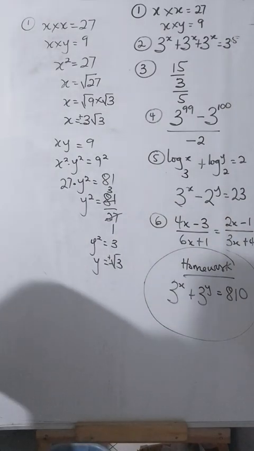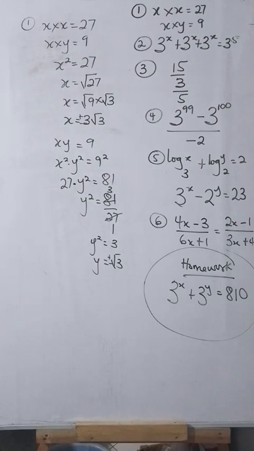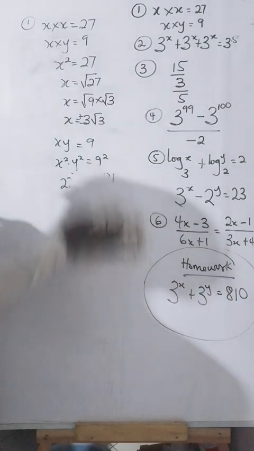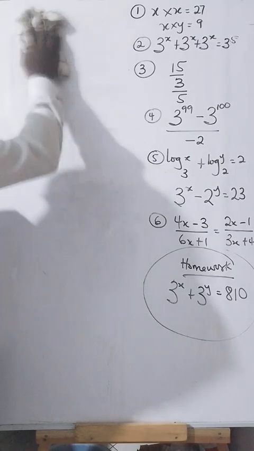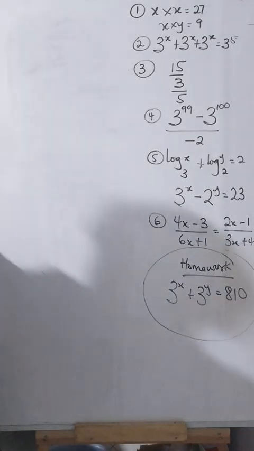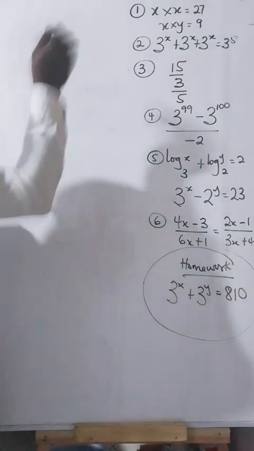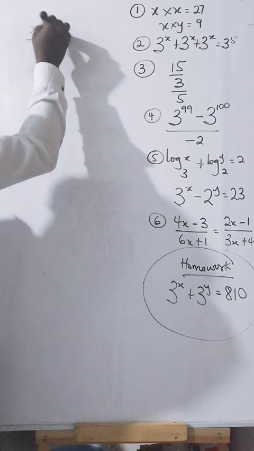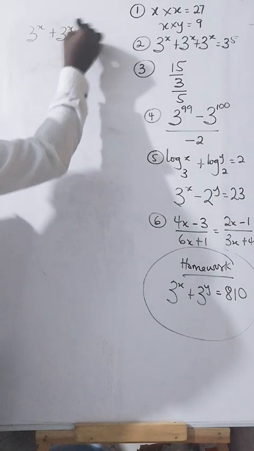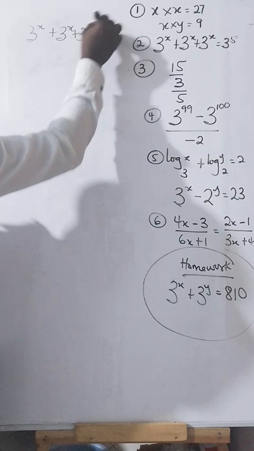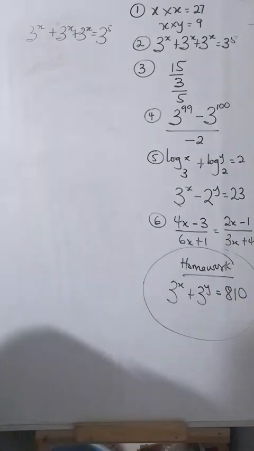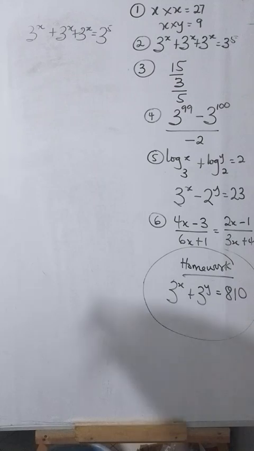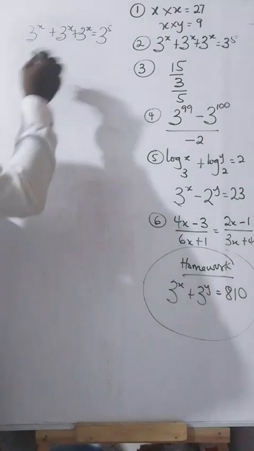Right. Now we want to solve the second question here. We have 3 exponent x plus 3 exponent x plus 3 exponent x, and that gives us 3 exponent 5. So this radical equation here, we need to factorize our 3 exponent x.